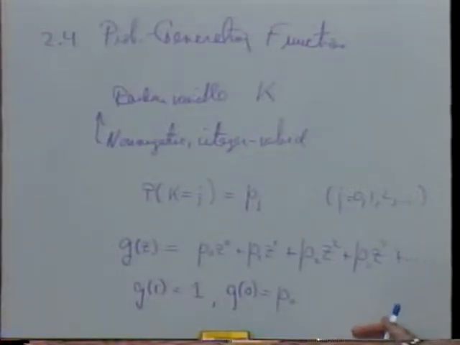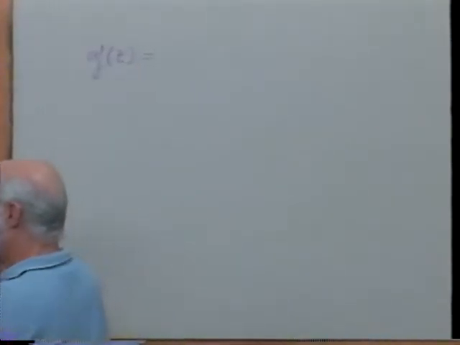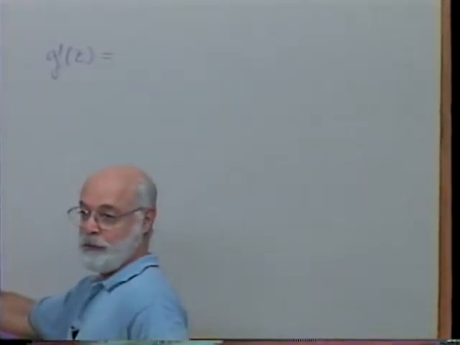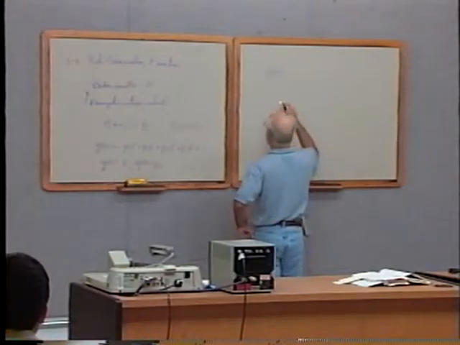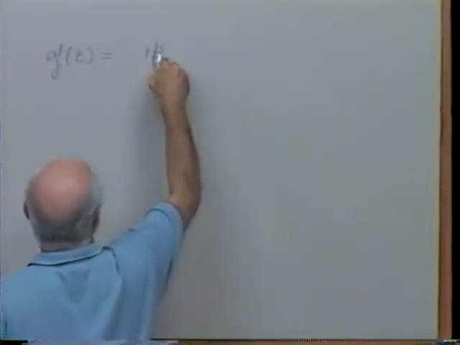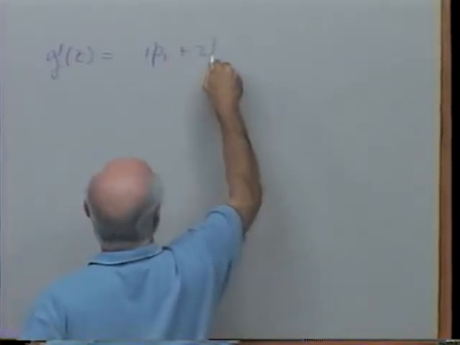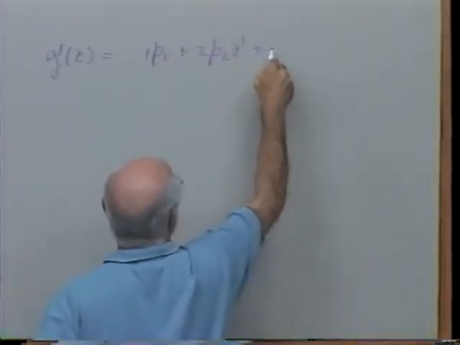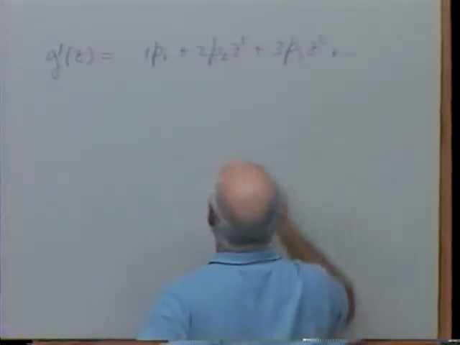So if we want to differentiate things, we differentiate, no problem. In particular, suppose I calculated the derivative of this generating function, because I can do it term by term. If I differentiate it term by term, what I would get would be 1 times p1 plus 2 p2 z to the 1 plus 3 p3 z to the 2, and so on.